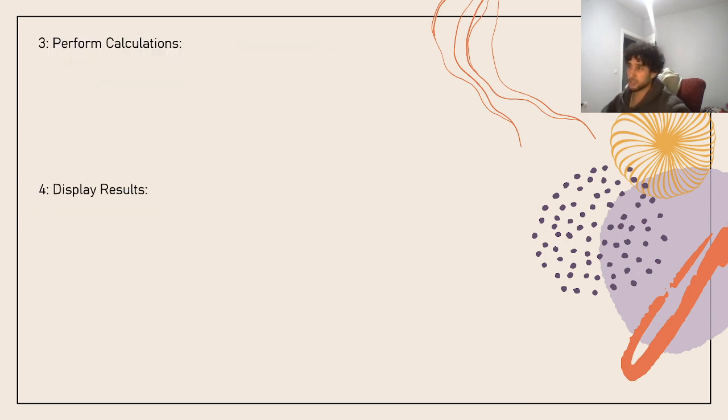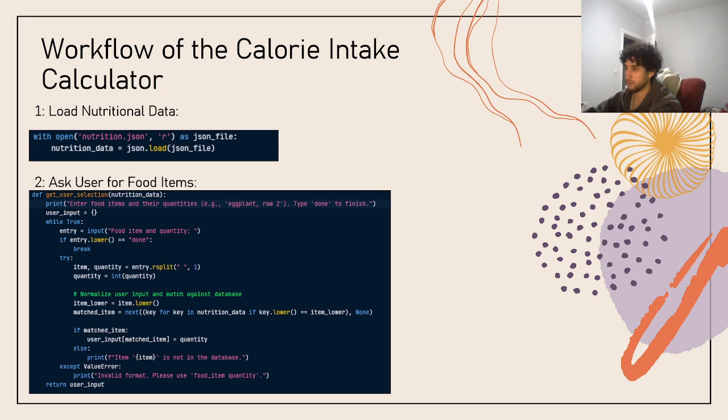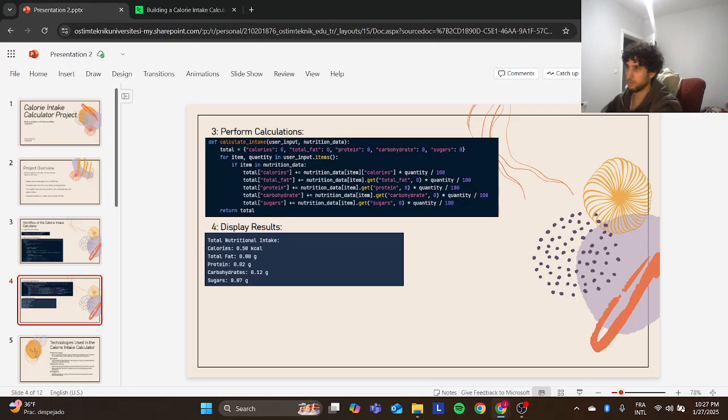Once the input is collected, the program calculates the total nutritional values by multiplying the nutritional information by the user specified quantities. This is the function that handles all the calculation.